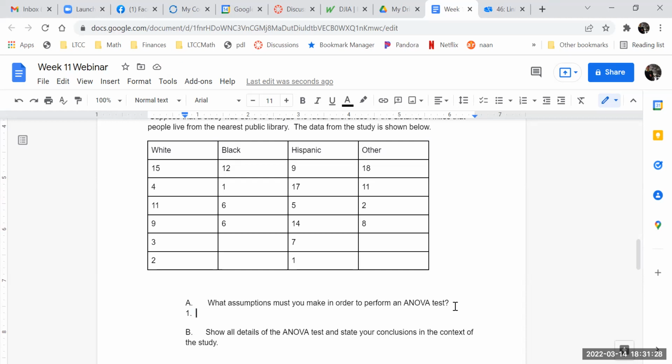By the way, even if 3 of them were over 30 and 1 wasn't, then you have to assume that the one that wasn't over 30 has an approximately normal distribution, where the other ones you know about. So the sampling distribution for each of the 4 races is approximately normal.